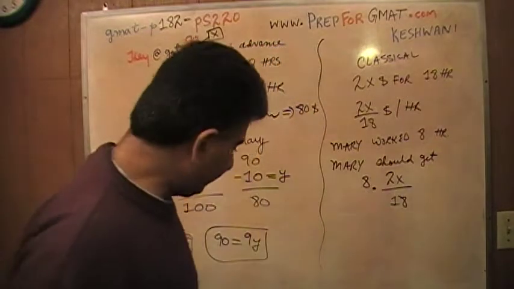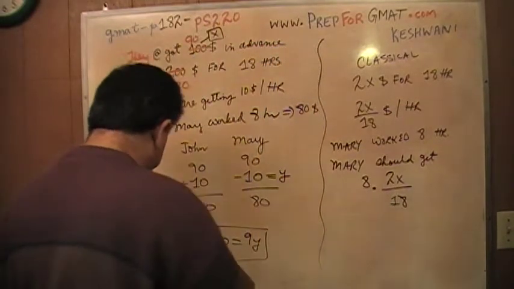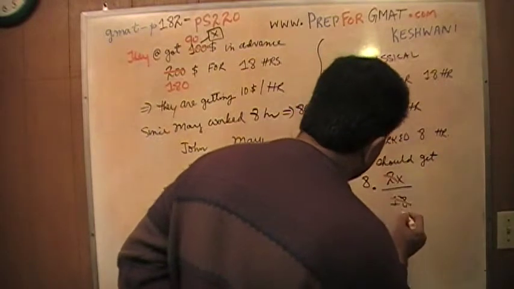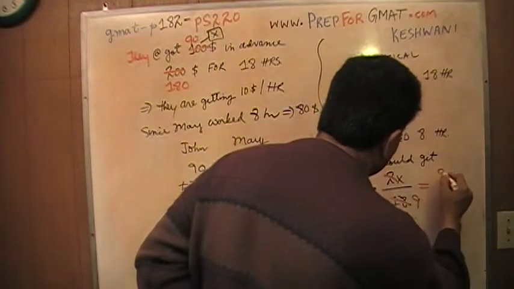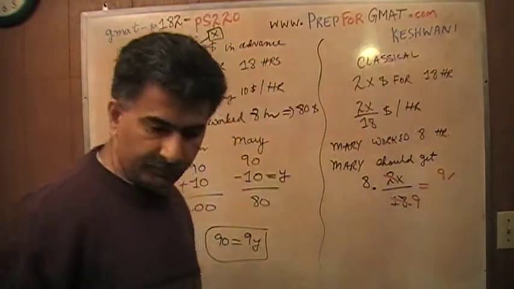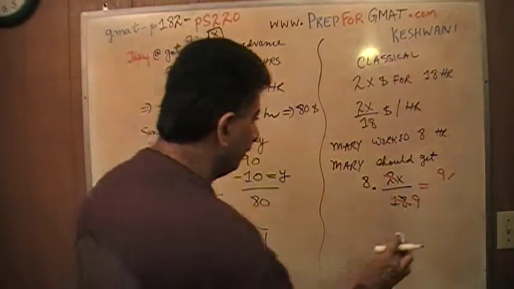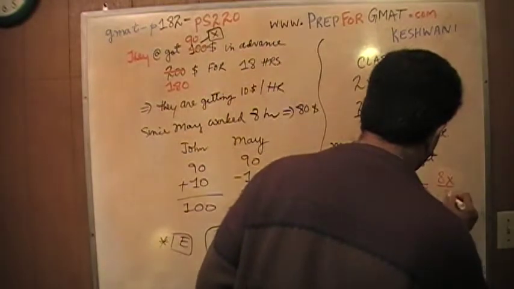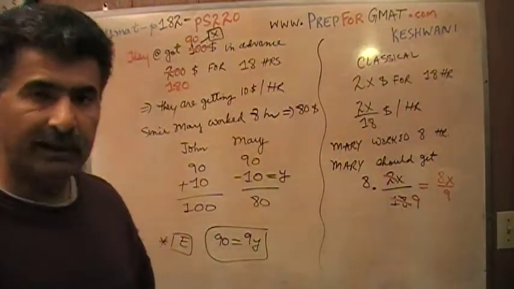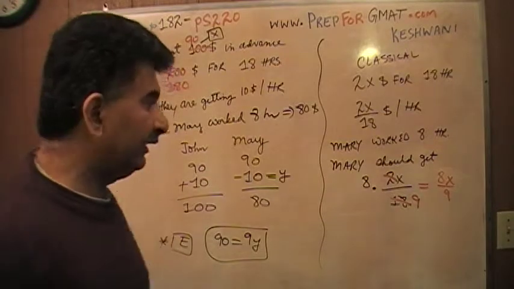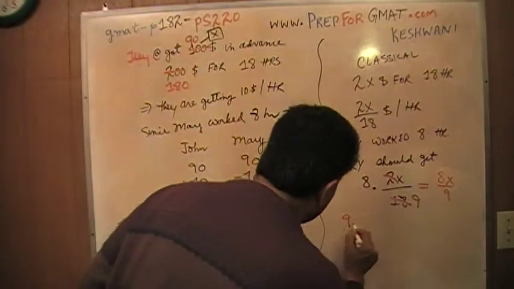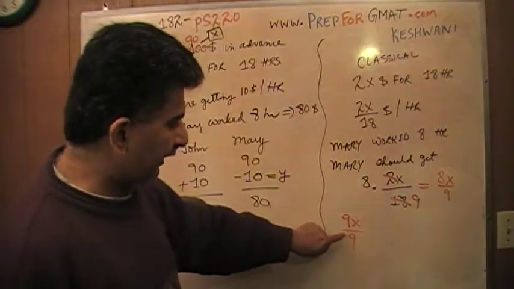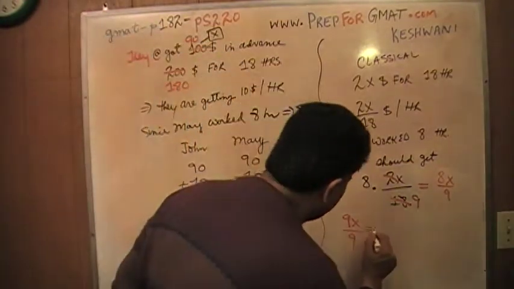Let's simplify it and see what it boils down to. 18 goes into 2, 9 times. In other words, Mary should have gotten 8 times x, 8x over 9. She should have gotten 8x over 9. Instead she got 9x over 9, because she got x dollars, which is the same as 9x over 9. That boils down to x dollars.